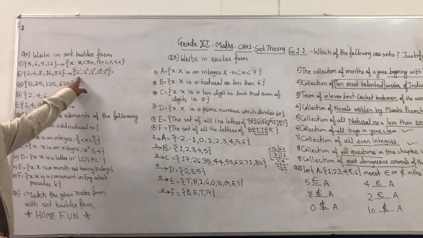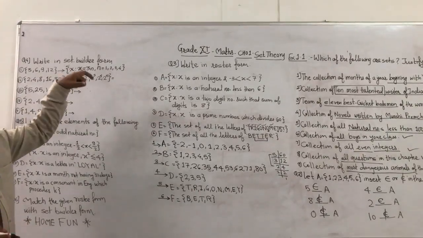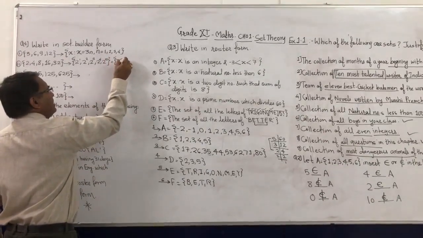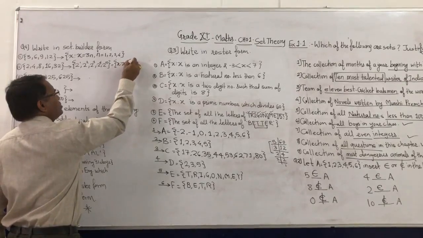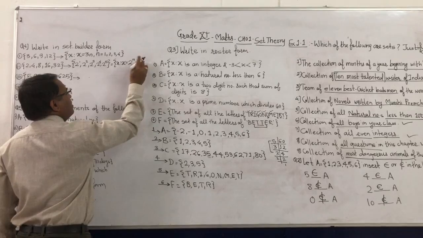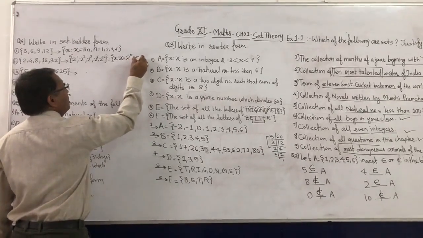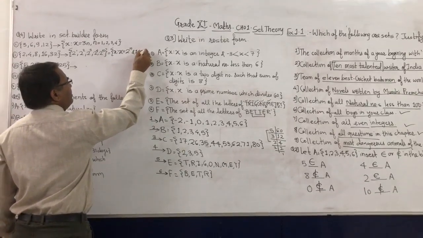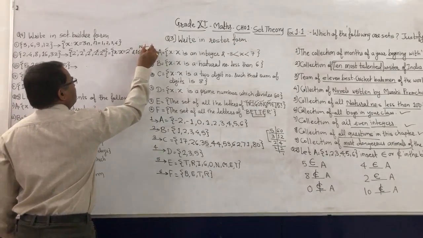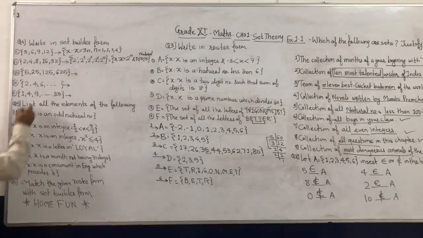This is again in roster form, but here we got a property, that this is its index. So it will be x such that x is equal to 2 raised to n, and n is equal to, or simply we can write 1 is less than or equal to n, natural number. Okay, n is a natural number.